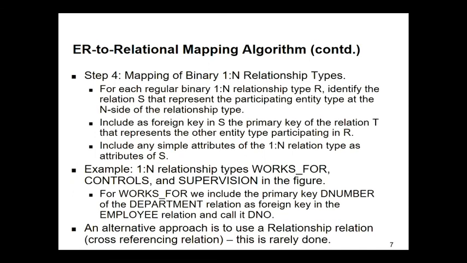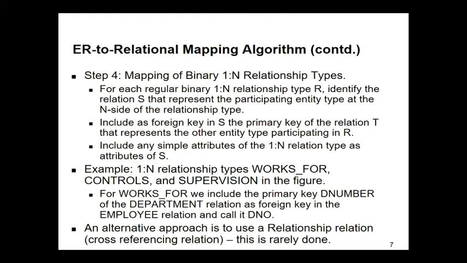Okay. Step number 4 is the one-to-many relationships. So it's a binary one-to-many. Identify the relation that's participating. As we said, where do we put the key? We put the key on the many side. So they put a whole bunch of words out here that just tell you to do that.